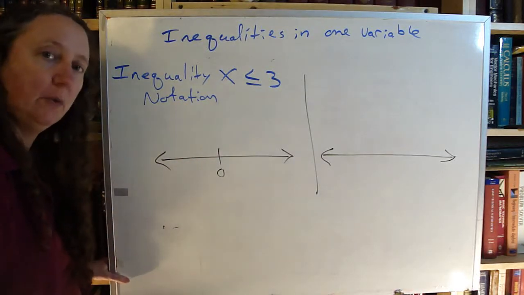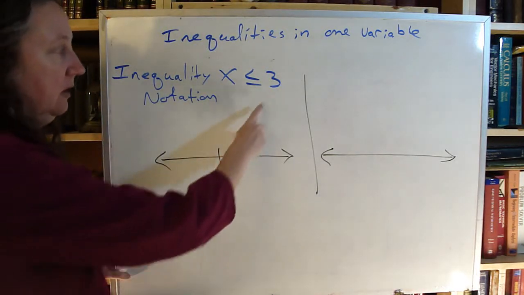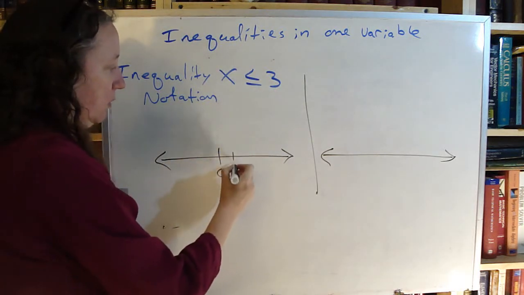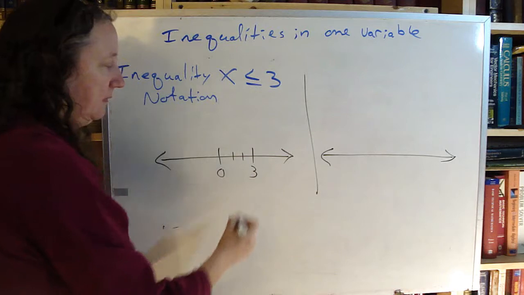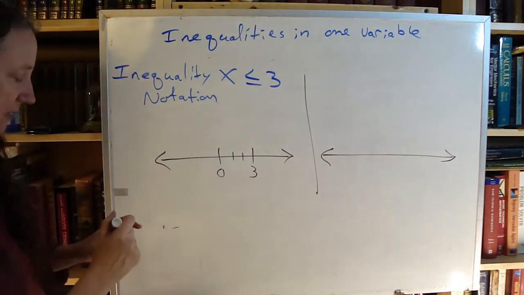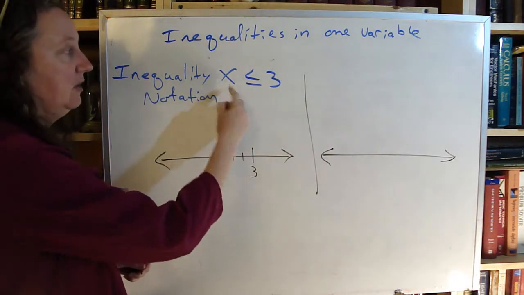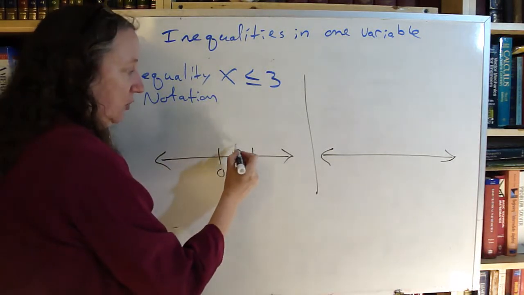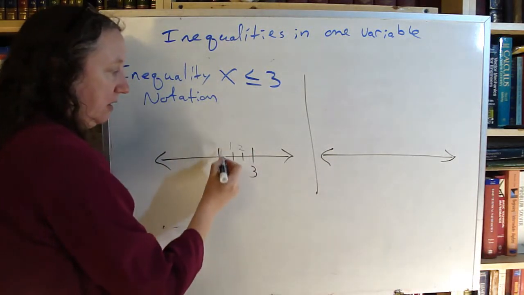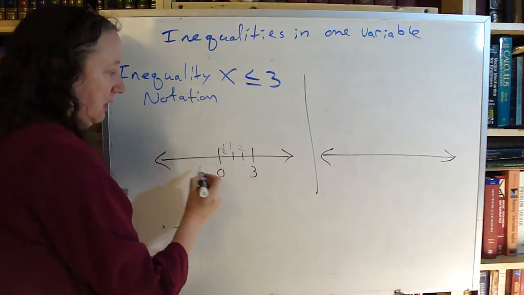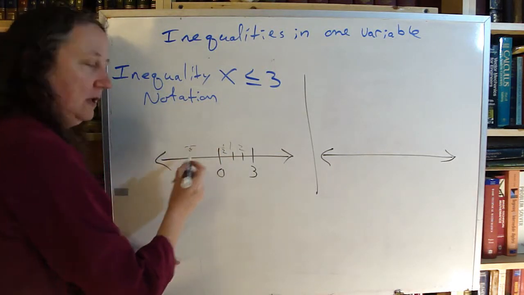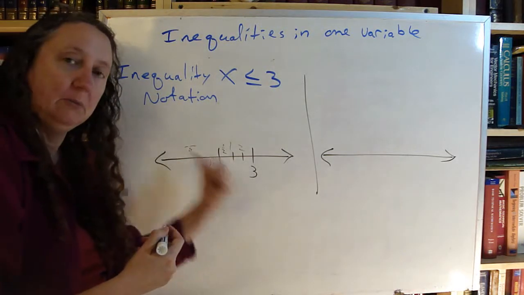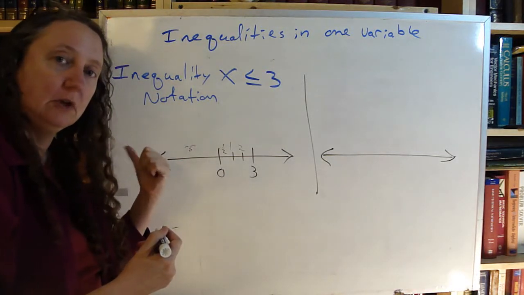Somewhere on that number line we have the number 0. Somewhere else on that number line we have the number 3. So 1, 2, 3. x has to be less than 3. So, as I said earlier, x could be 2, it could be 1, it could be 1/2, it could be -5. Doesn't matter what number it is, but it can be any of those numbers that are less than 3.